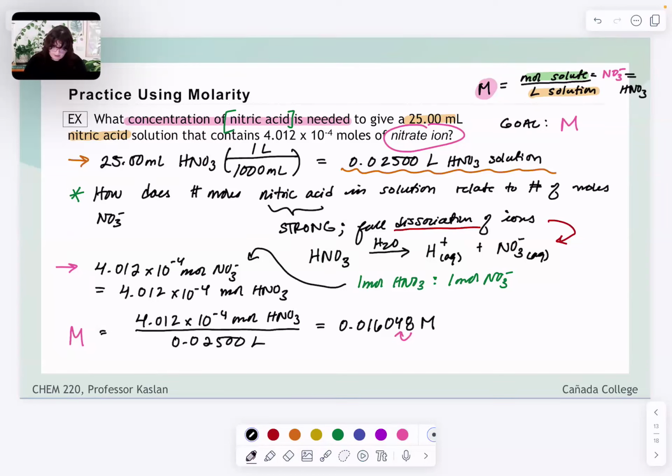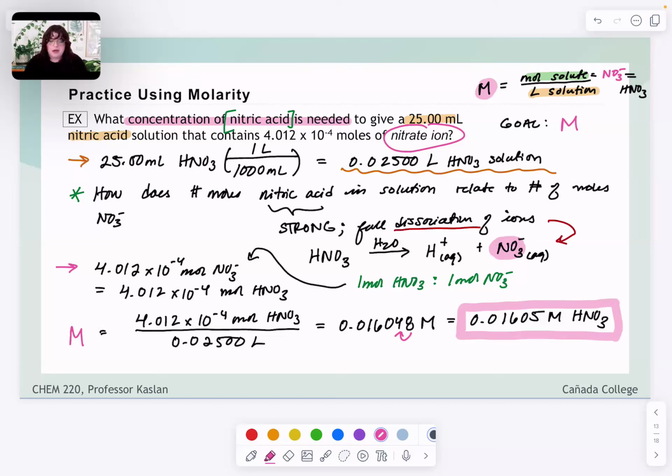So I'm going to round that last digit up because its following digit is greater than 5. 0.01605 molar nitric acid solution is required to ensure we have the quantity of nitrate ions desired in solution.